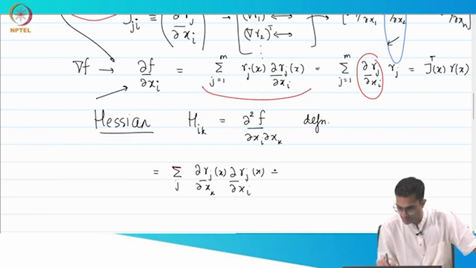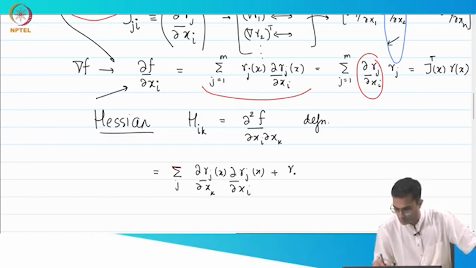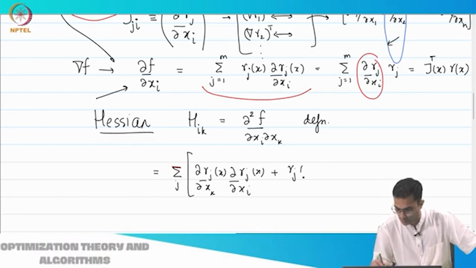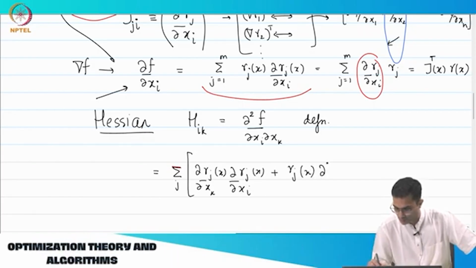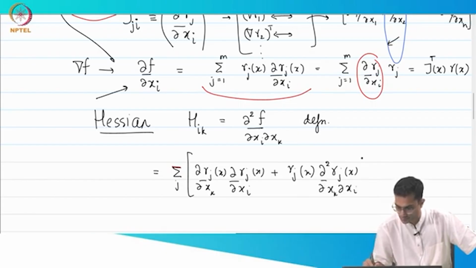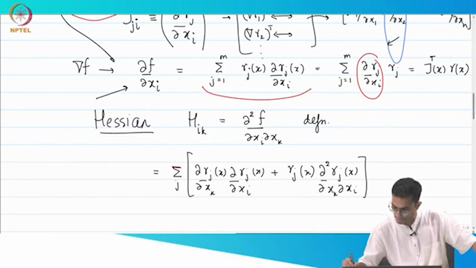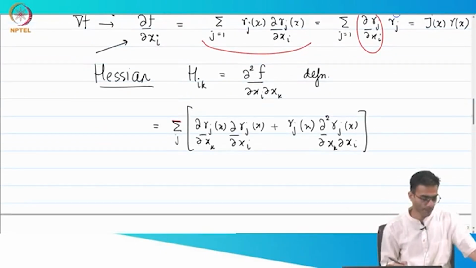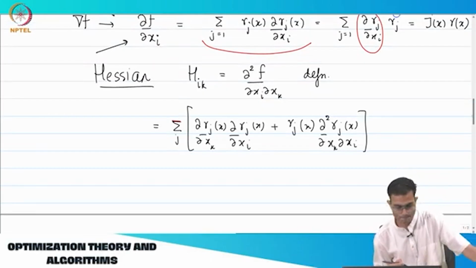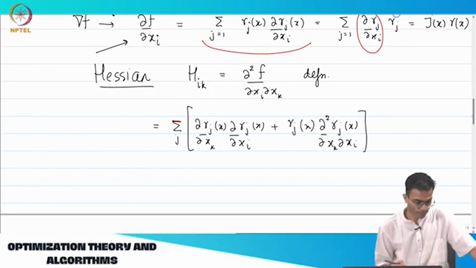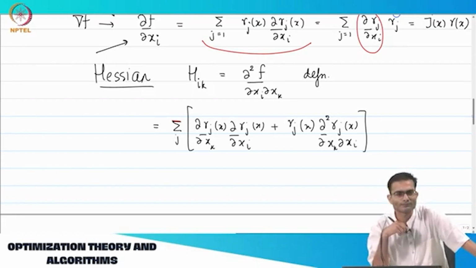First term is as it is, and then the second term becomes r_j(x) times d²r_j(x)/dxk dxi.